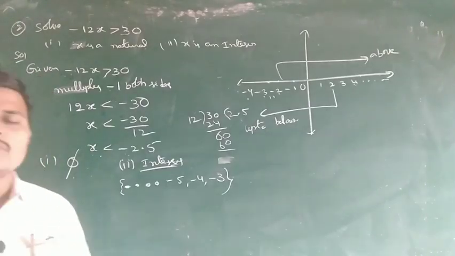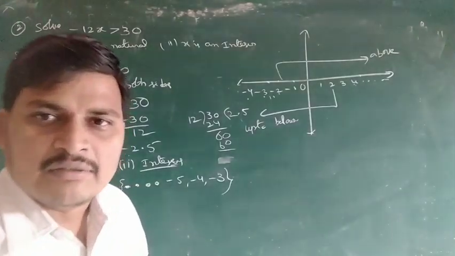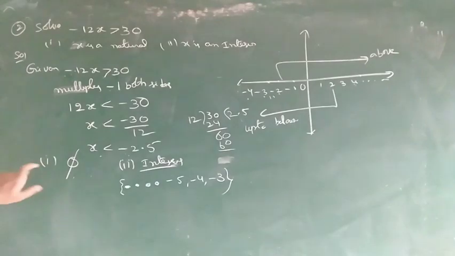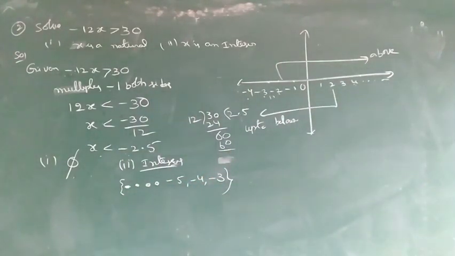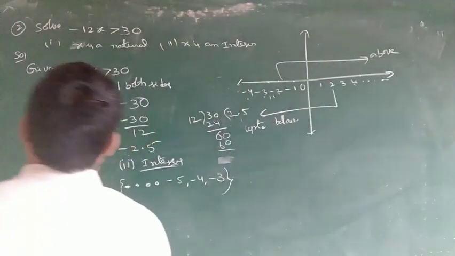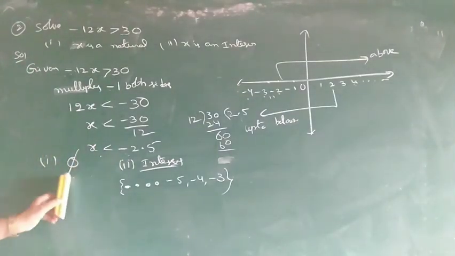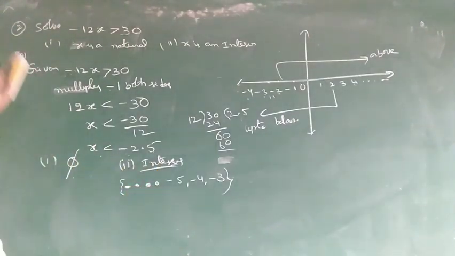Natural numbers means only positive values, so there is no value, which means phi, the empty set. This is the answer. The first bit is the empty set, the second bit is the integers. Next.